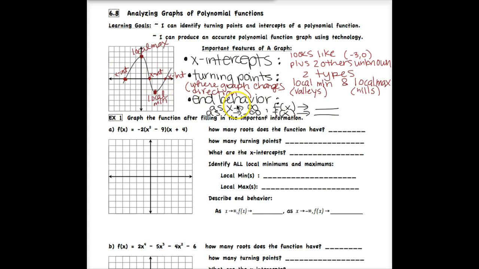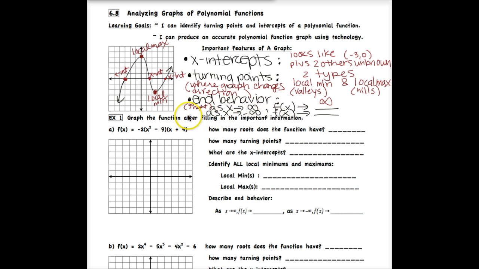Now remember that this first part, as x approaches infinity, means as you go to the right on the graph. So as I go to the right, and I didn't draw arrows on the graph because I couldn't get it with the tool I was using, but there should be arrows there. As I go to the right, this arrow is going up. It's going to positive infinity.